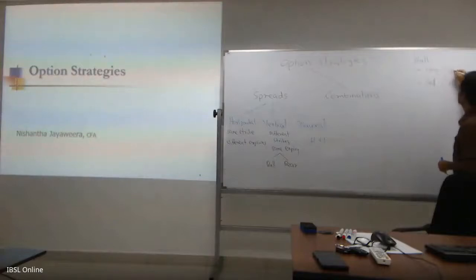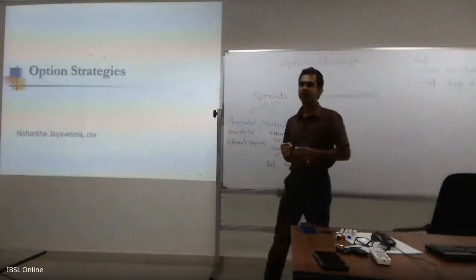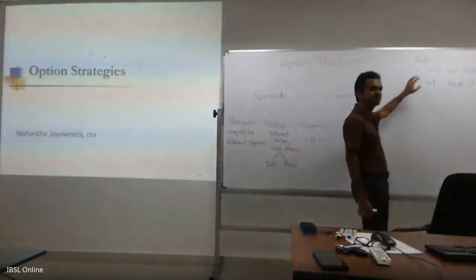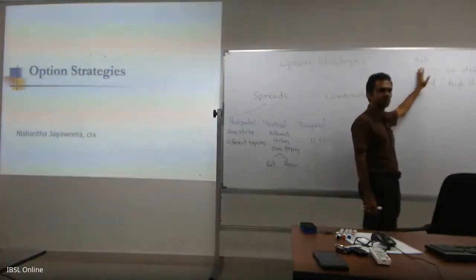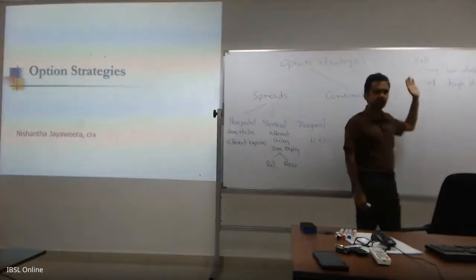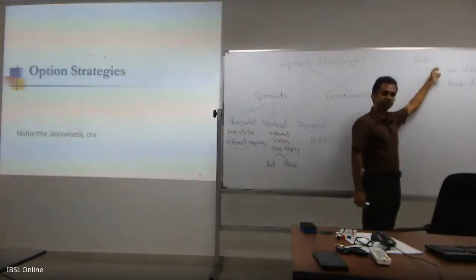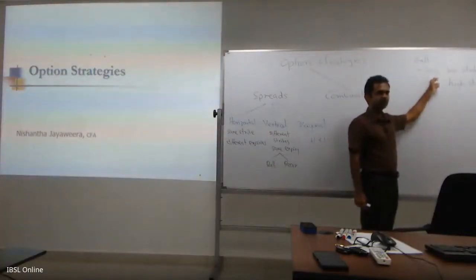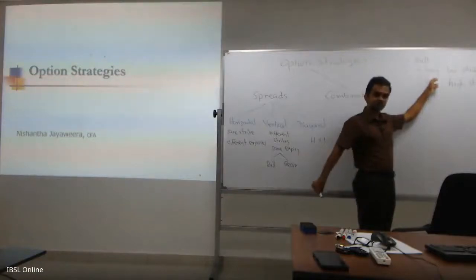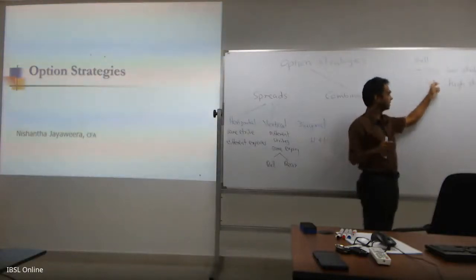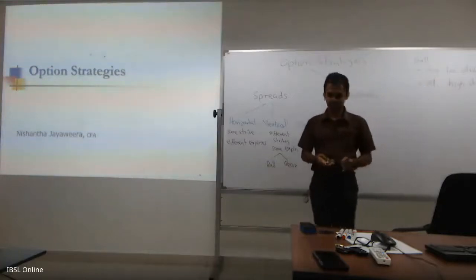You buy the option with the lower strike. It doesn't matter whether it's a put or call. If it is a call bull spread, you buy a call option with the lower strike and sell a call option with the higher strike. If it is a put spread, you buy a put option but still with a lower strike, and you sell a put option with a high strike.